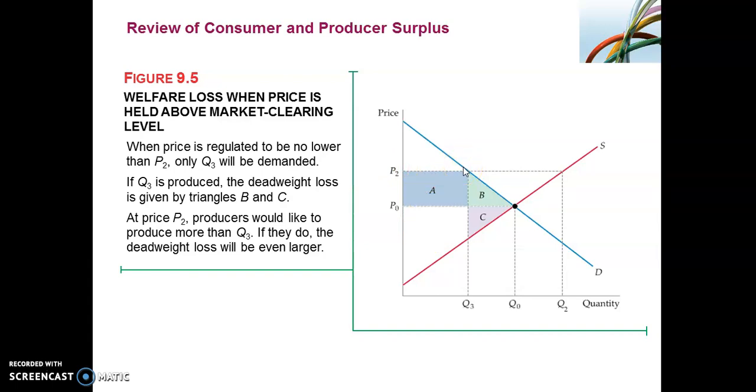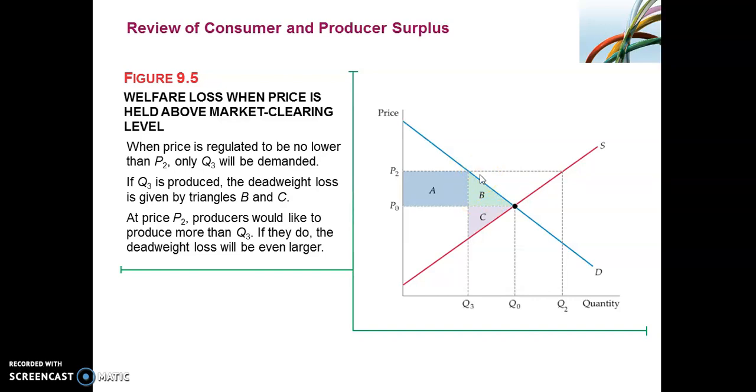And consumers also lose triangle B because only this output is being demanded. Remember, at this higher price, these consumers are not willing to pay, so they don't purchase and they would then lose out on triangle B.